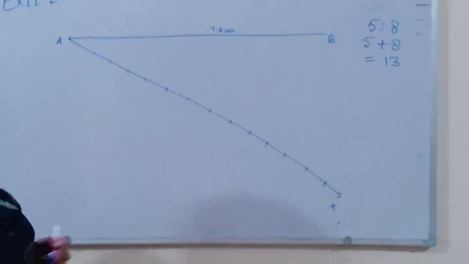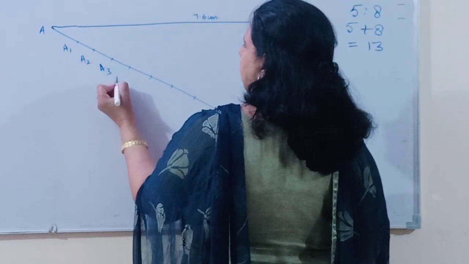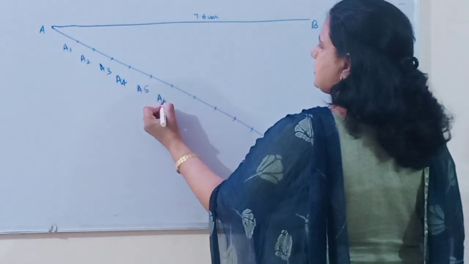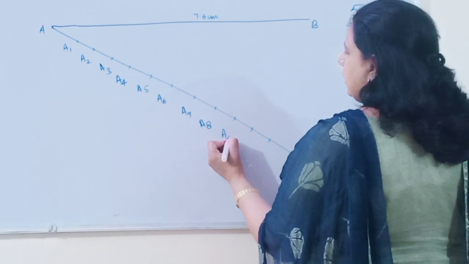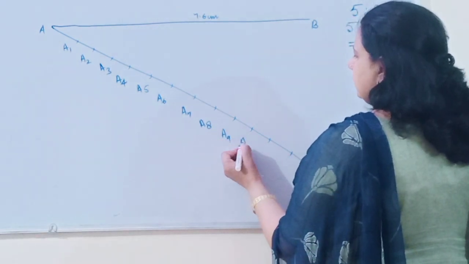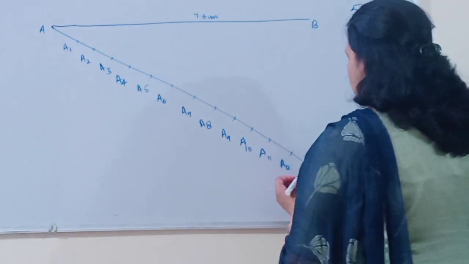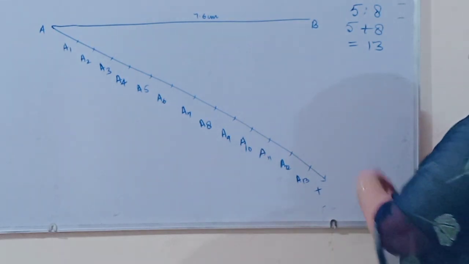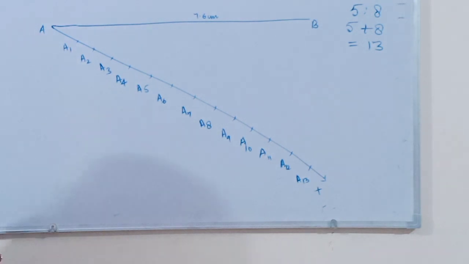Then let us name these arcs A1, A2, A3, A4, A5, A6, A7, A8, A9, A10, A11, A12 and A13. The sum of the ratios was 13, so we have marked 13 arcs equidistant from each other.